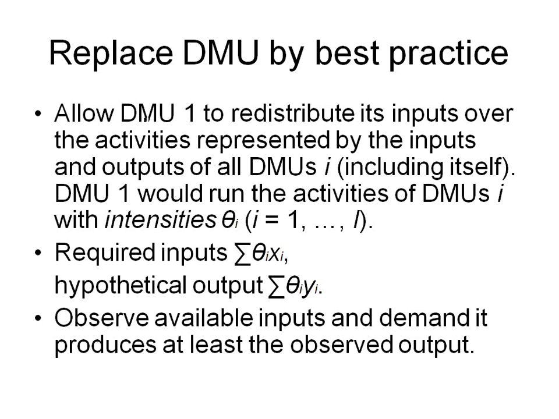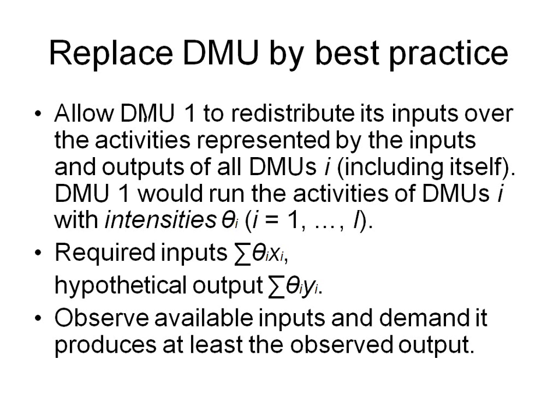So if you run this scenario, then the total required inputs would be theta I times x I, summed over I. And this will be bound by the available inputs of the firm of which we are going to determine the potential output.